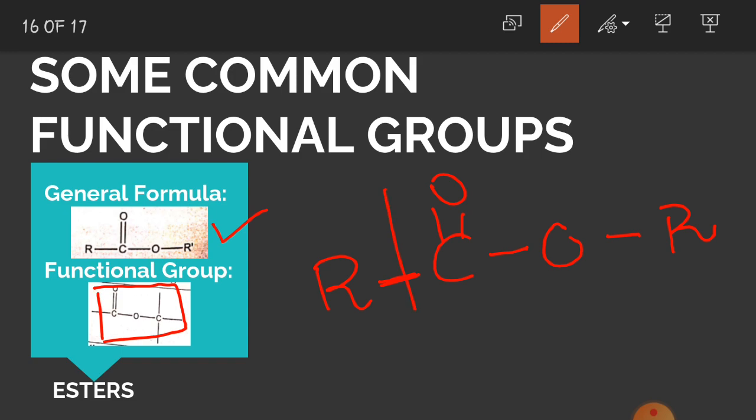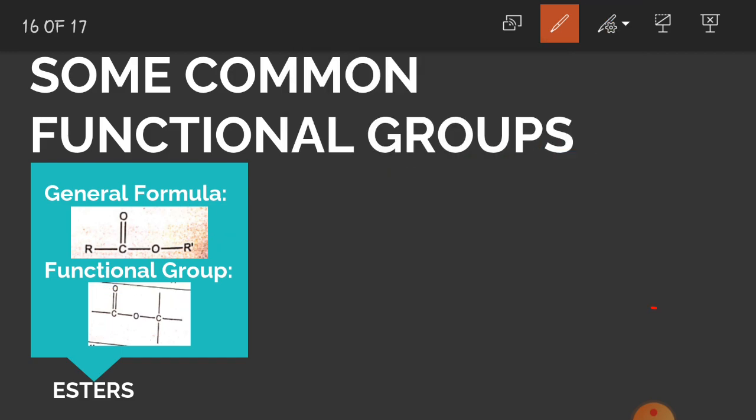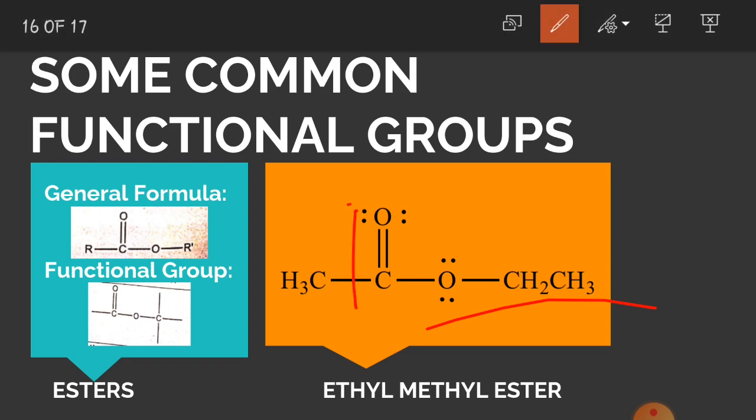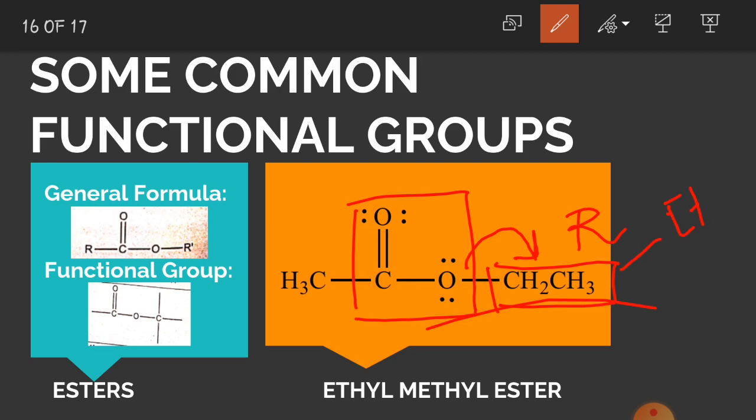So all the organic compounds having this group of atoms will be considered as esters. An example of ester is ethyl methyl ester. Now you may see here, this is the ester group. At one side of the oxygen atom, this alkyl group is present, which is ethyl. And on the other side, the carbonyl carbon is attached to another alkyl group, that is methyl.